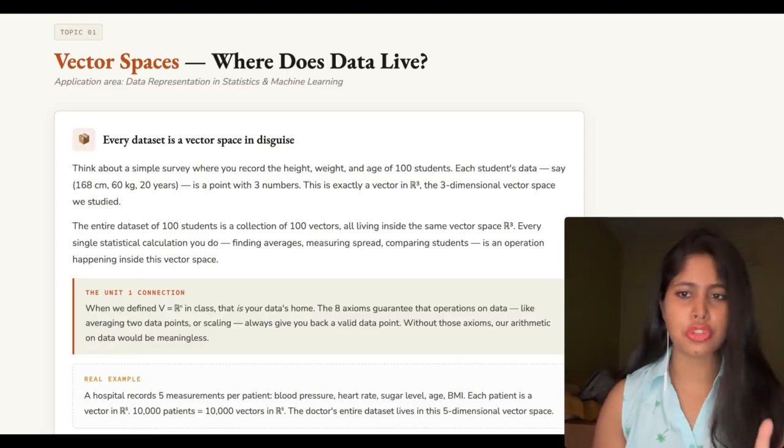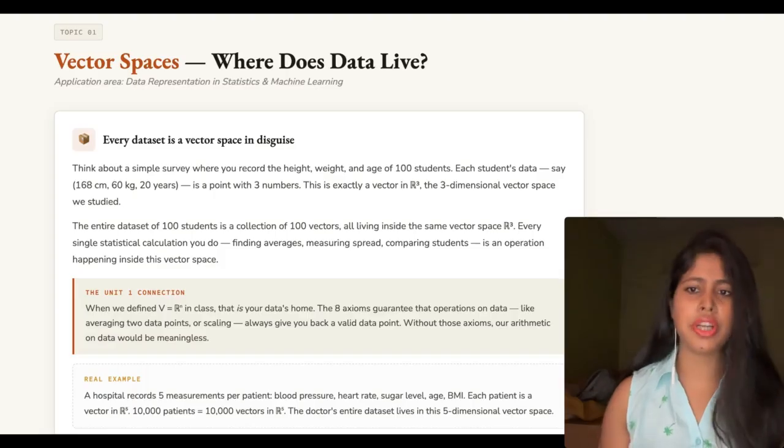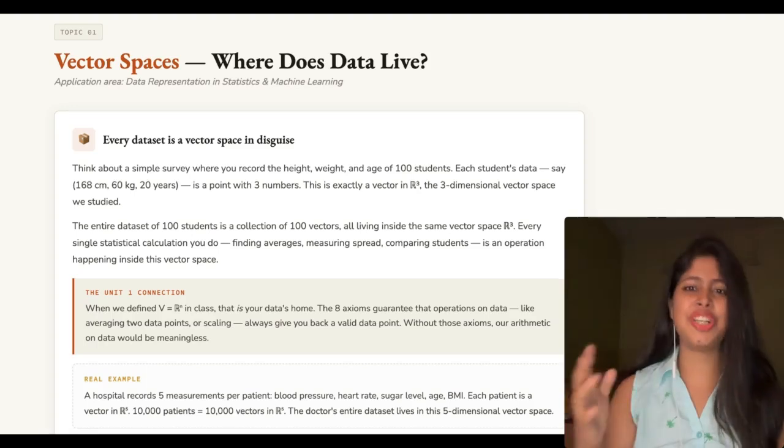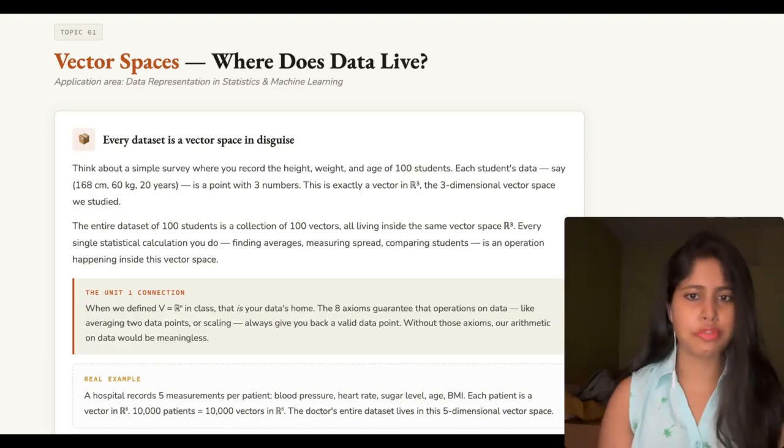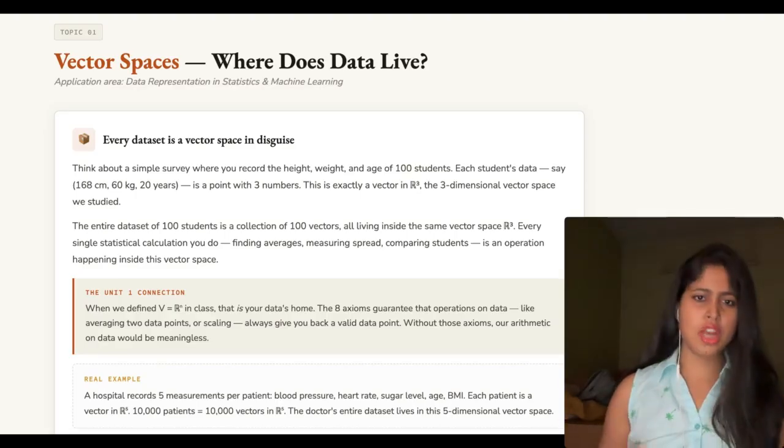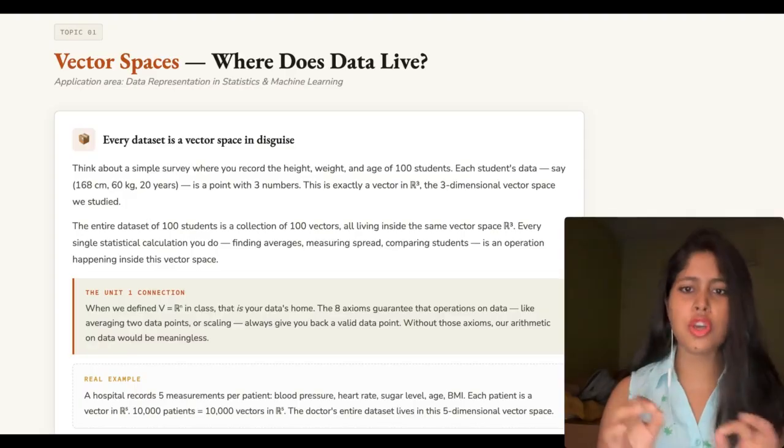So for one patient, you might write down the numbers. For example, the blood pressure is 120, then the heart rate is 75, then sugar is maybe 98, very close to being diabetic, and then the age is 45 and the BMI is 27.4. Now that is it, five numbers in a specific order.